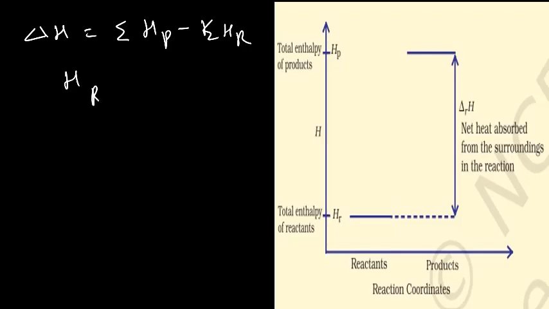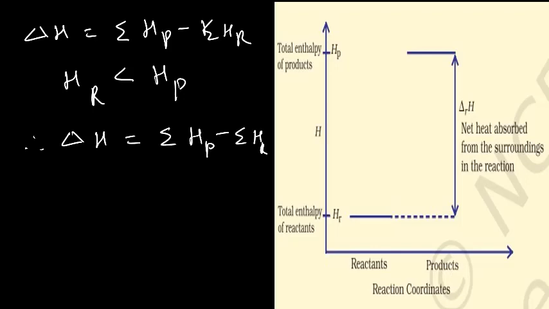Here, we are subtracting a smaller value from a greater value. Therefore, delta H is greater than 0 or positive. This is the net heat absorbed from the surroundings.